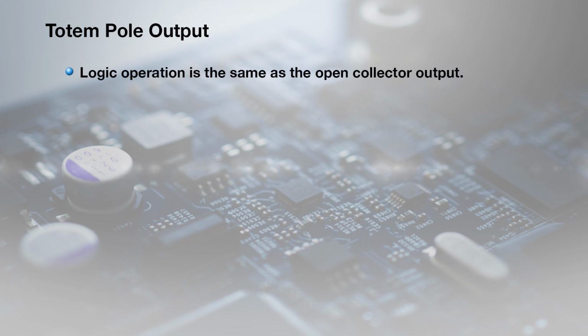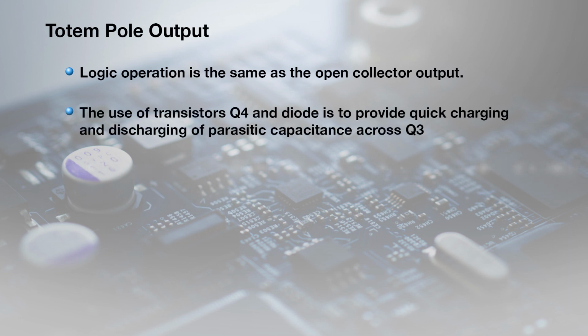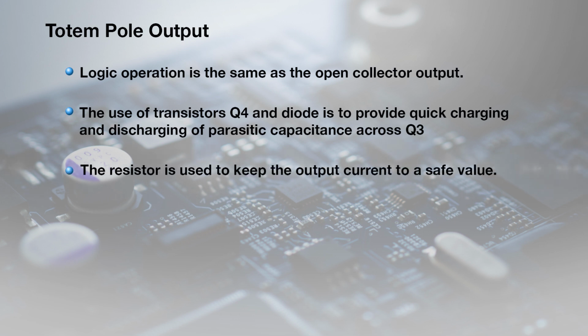Logic operation is the same as the open collector output. The use of transistor Q4 and the diode is to provide quick charging and discharging of parasitic capacitance across Q3. The resistor is used to keep the output current to safe values.